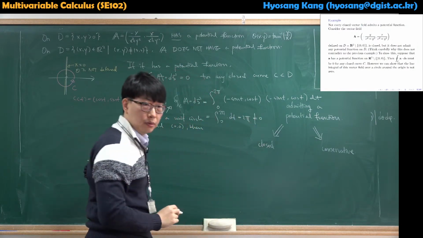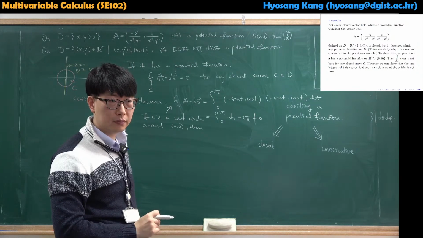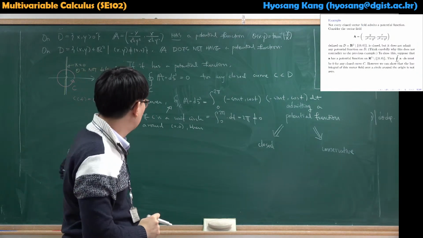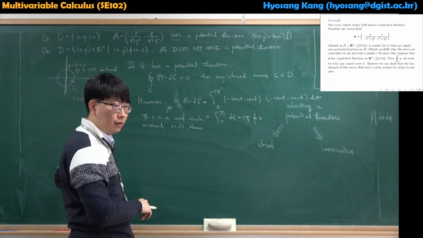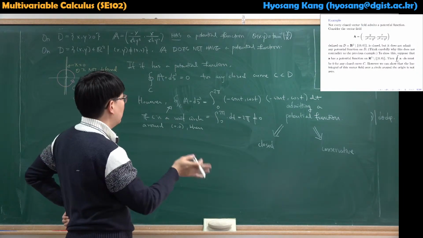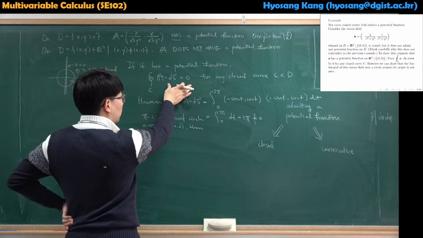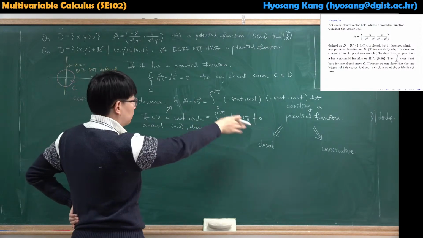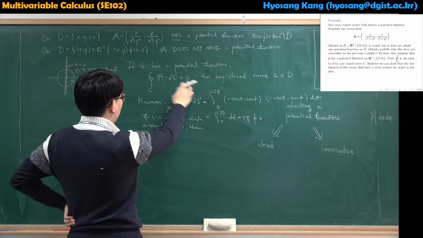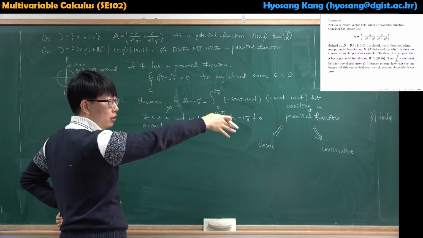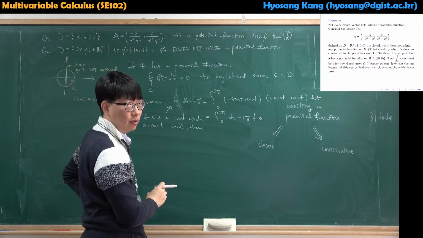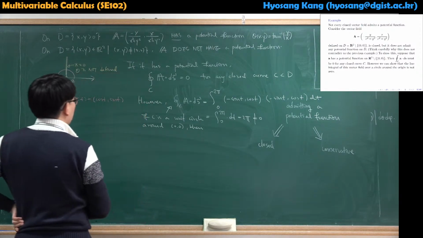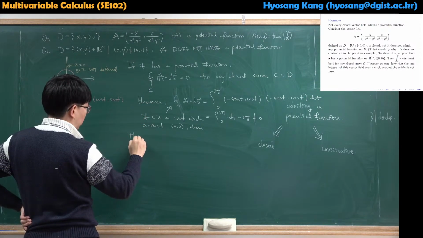It's not 0, okay? So the line integral over this closed path is not 0. So it cannot be a conservative vector field. So it's a contradiction. If it has a potential function, it must be conservative, but it doesn't satisfy the properties of a conservative vector field. So this is a contradiction.